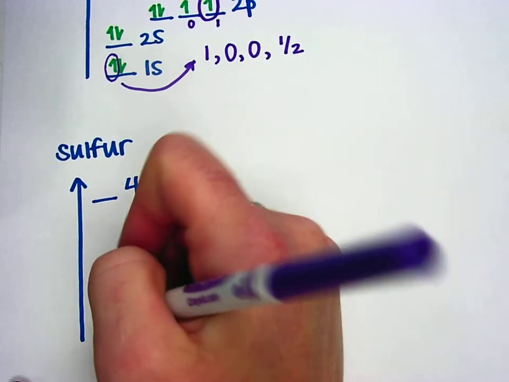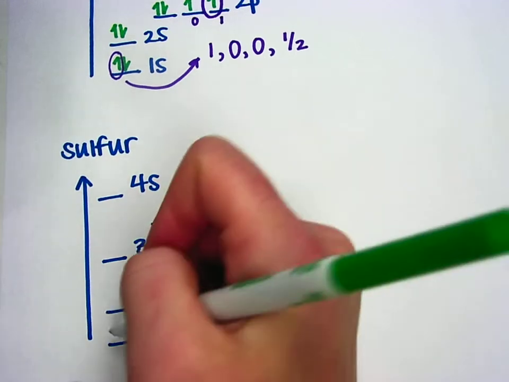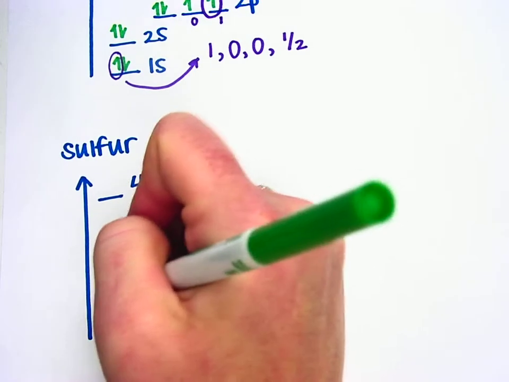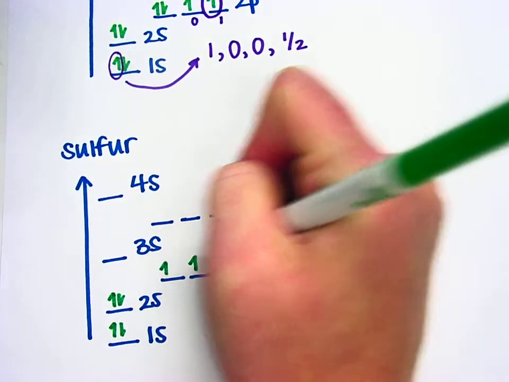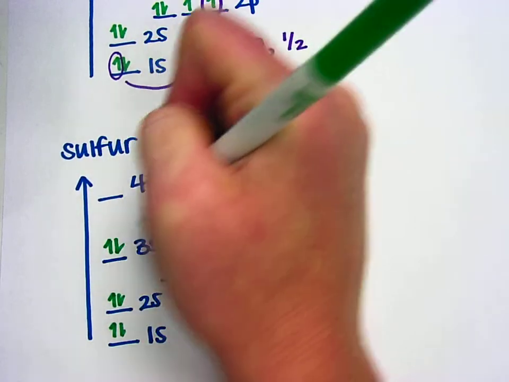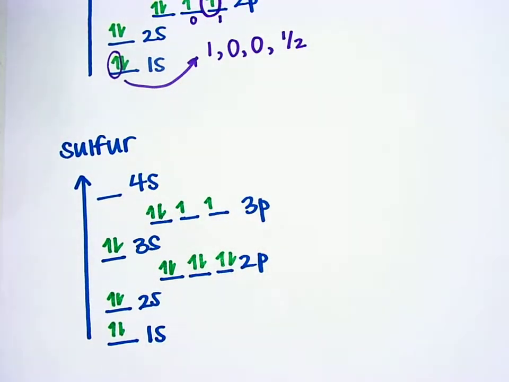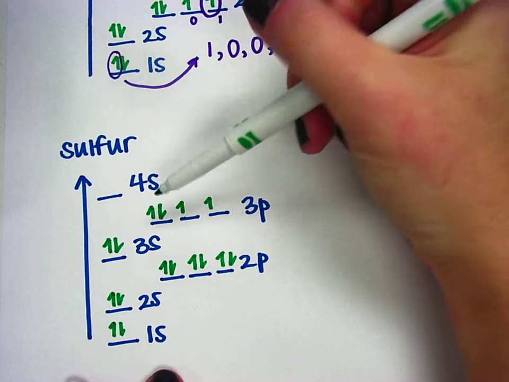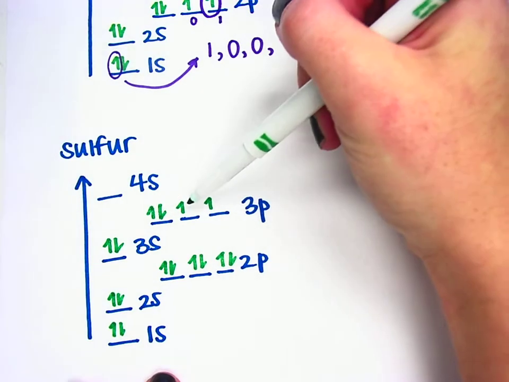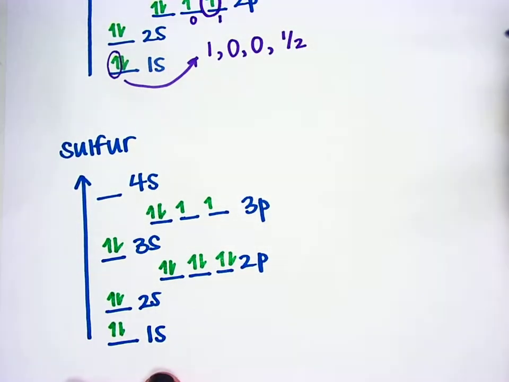So for sulfur, you should have arrows going up to the 3p because sulfur has 16 electrons. And remember that when you add those arrows, you're going to spread them out as you go, just like I just did. So I started here, I spread them out, and then my last arrow came back and went on that first line.